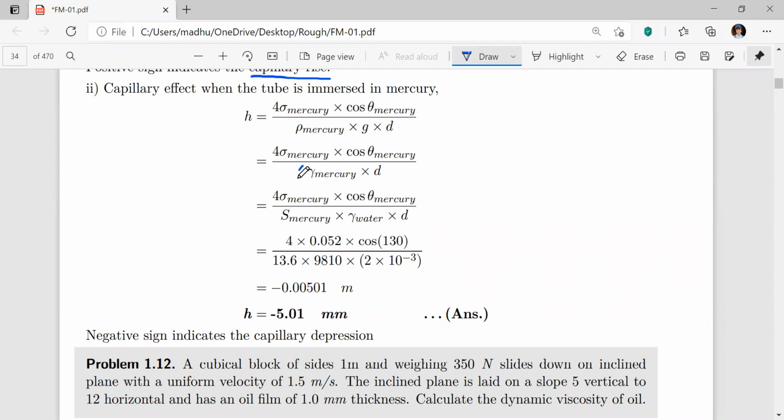See here again he has changed gamma mercury as S mercury into gamma water. How has this equation come? We know that S is equal to what? Specific gravity is nothing but gamma of the given fluid or sample fluid divided by gamma of the standard fluid, right?